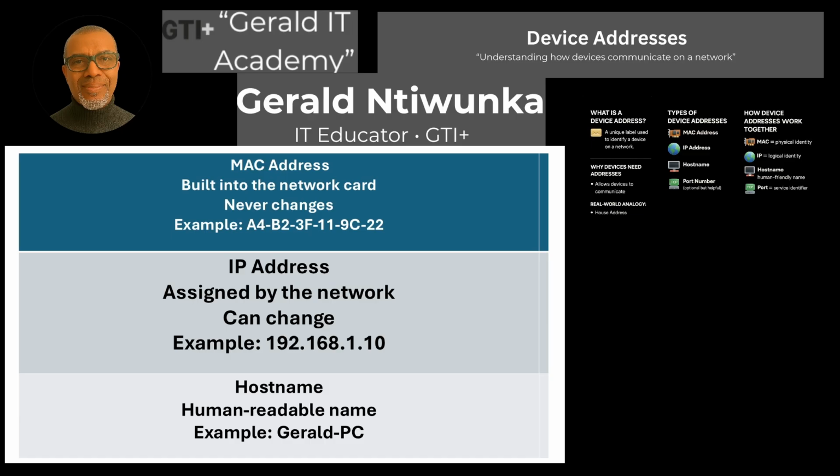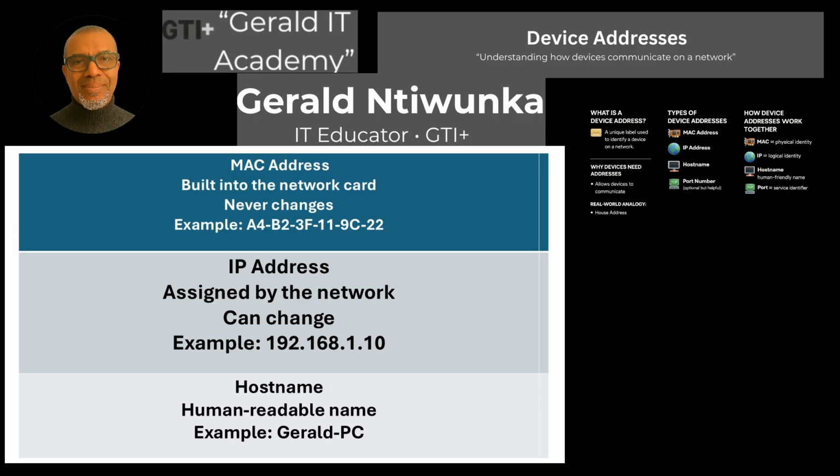As I said at the beginning of this lesson, every device on a network needs a unique address so that it can identify the other devices in the network. Now, how do these work together? The MAC address, the IP address, and the hostname.